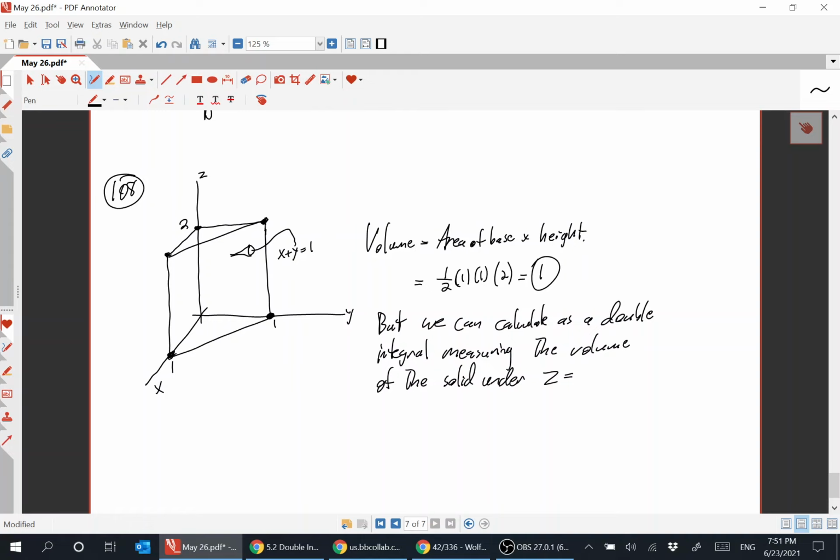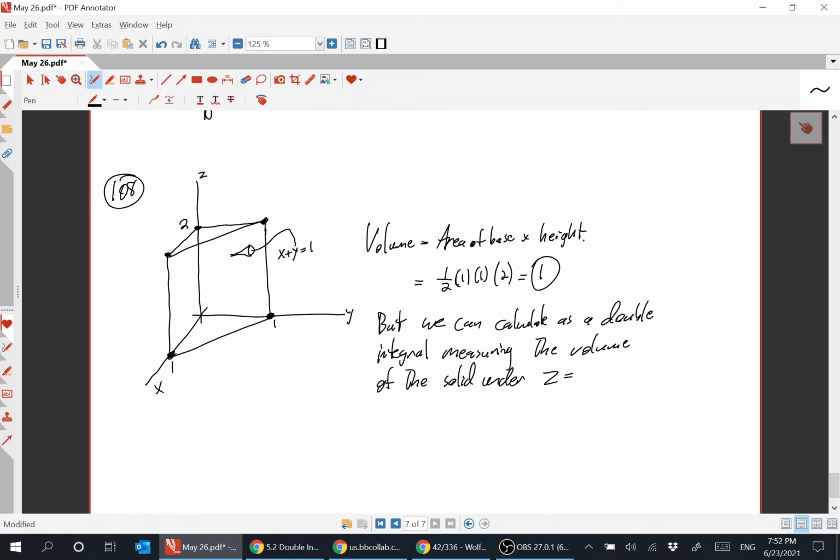And then above what region in the plane? What's the upper function for z bounding this solid?